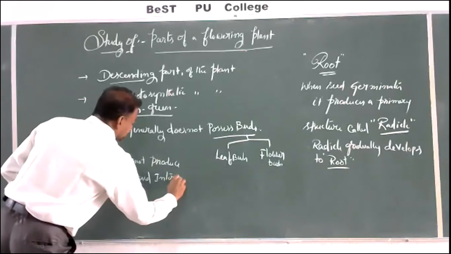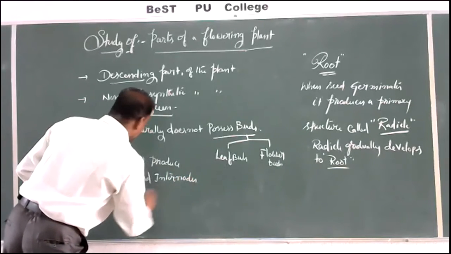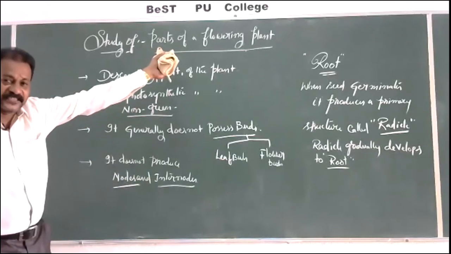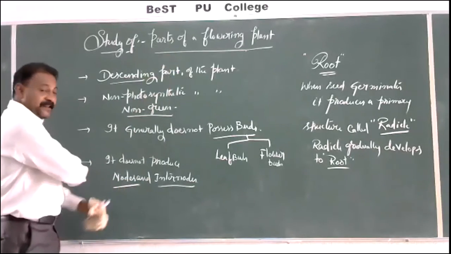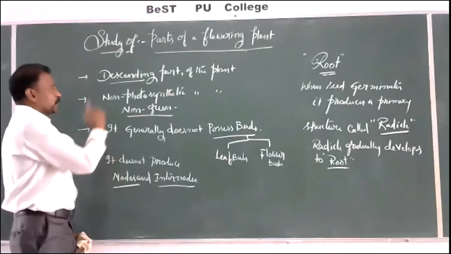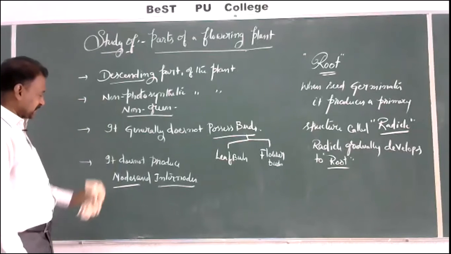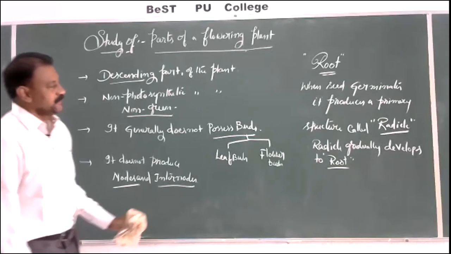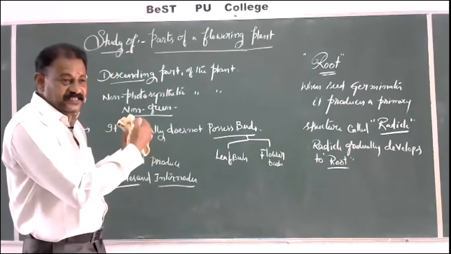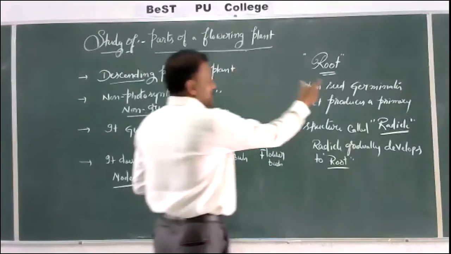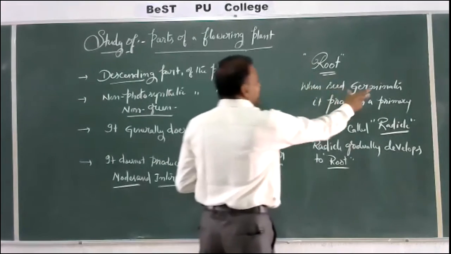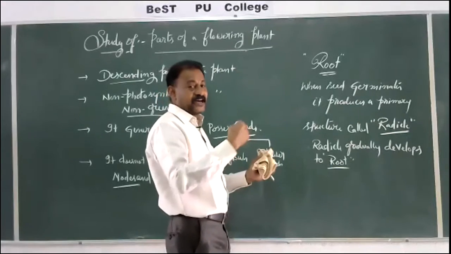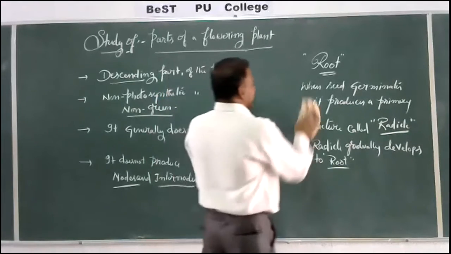So nodes and internodes are present in the stem, but nodes and internodes are absent in the root. It does not produce nodes and internodes. See and write in a systematic way. Root. The seed germinates, and from the germinated seed, from the radicle, root directly develops. So the origin of root is from radicle.